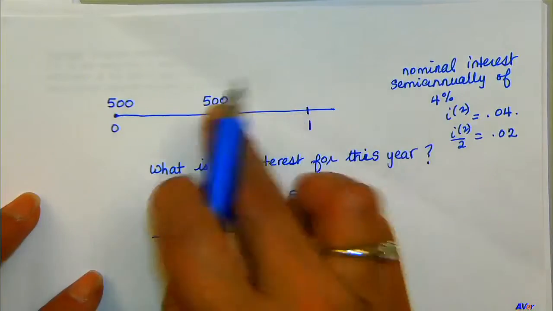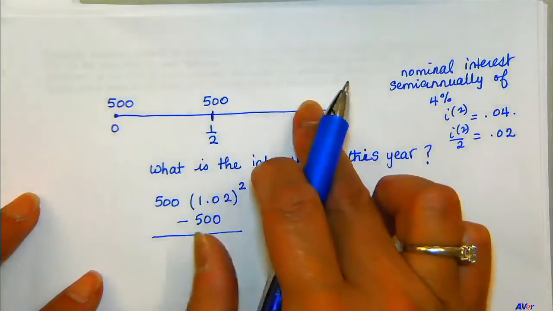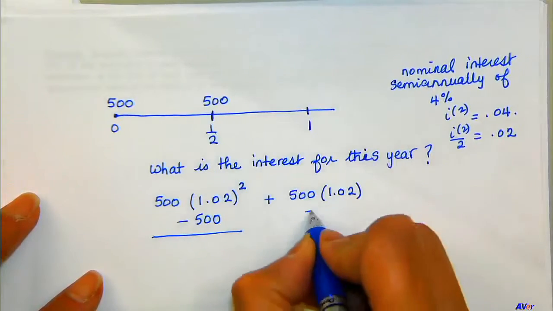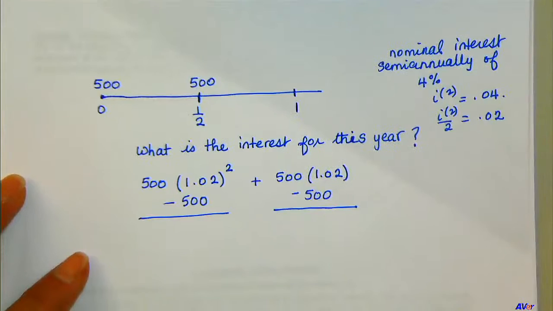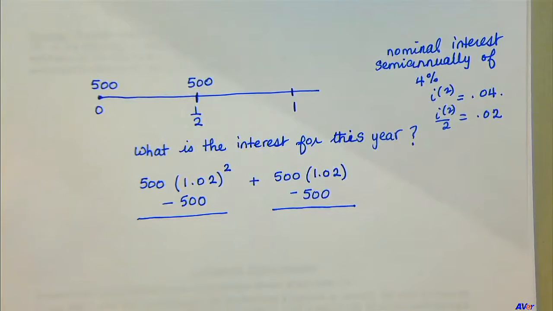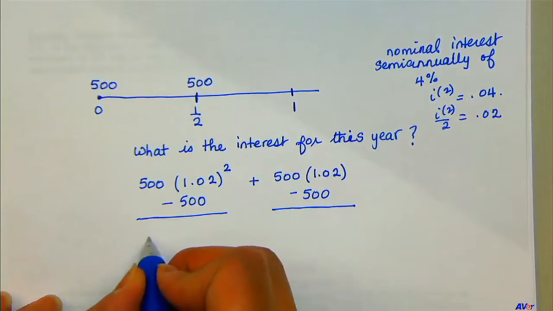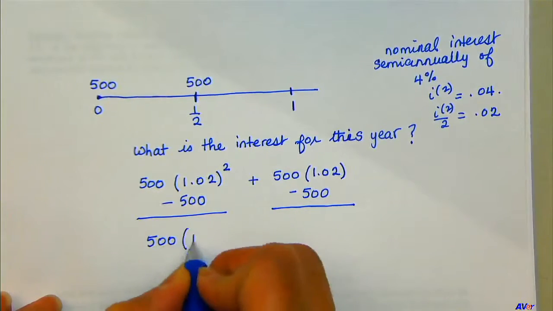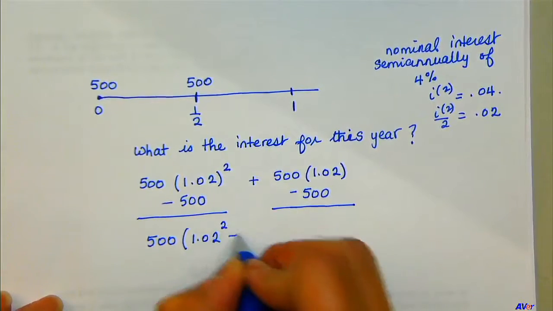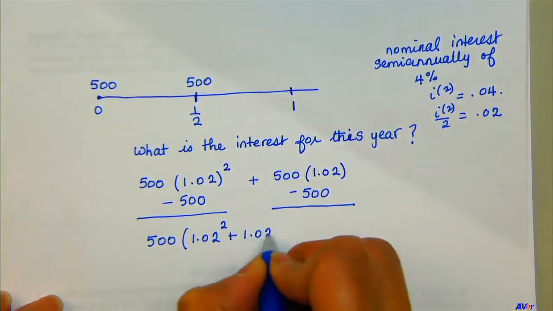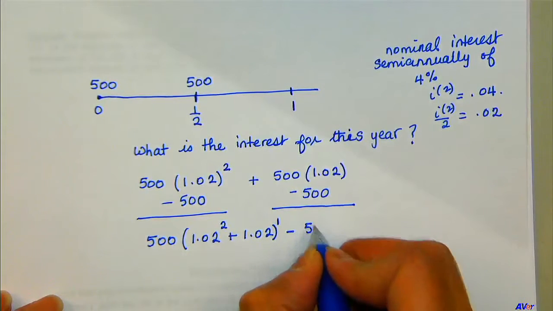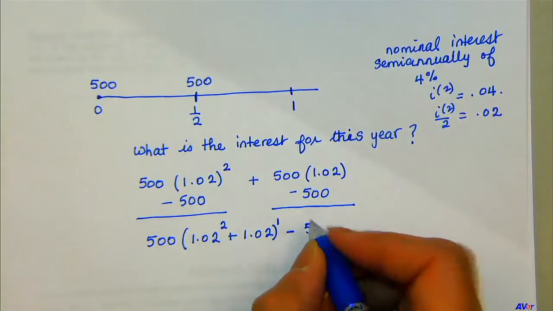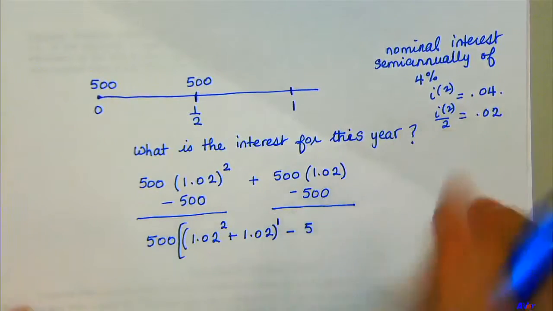And then 500 times 1.02 to the first power minus 500 would be the interest on the second payment. So when all is said and done, can I go like this? 500 times 1.02 to the 2 plus 1.02 to the 1 minus 500 minus 1, like that.